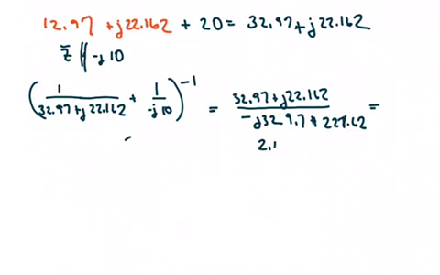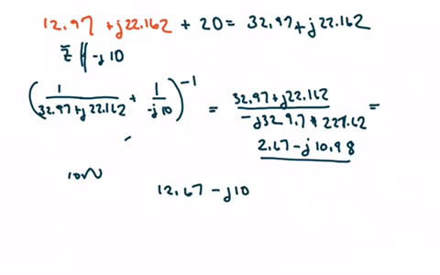That equals 2.67 minus J10.98. And finally, this whole term is in series with that 10 ohm resistor. So I end up with 12.67 minus J10.98 ohms. It's my equivalent impedance.